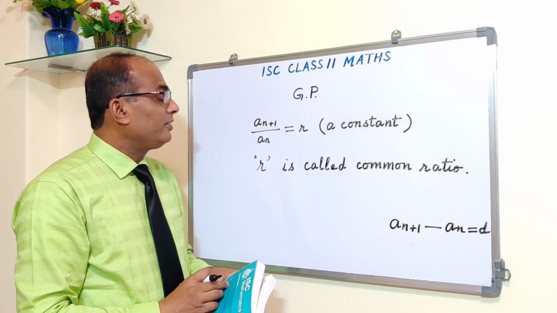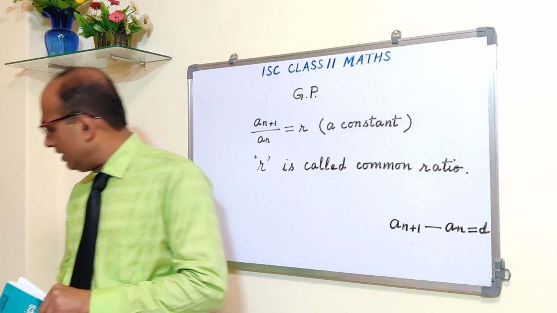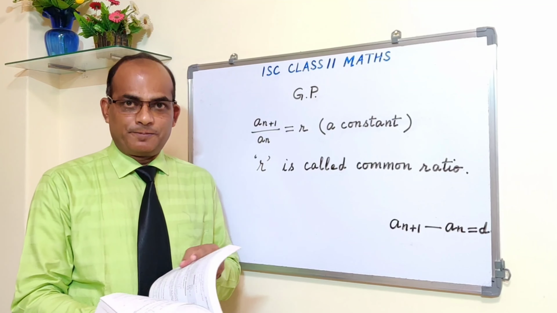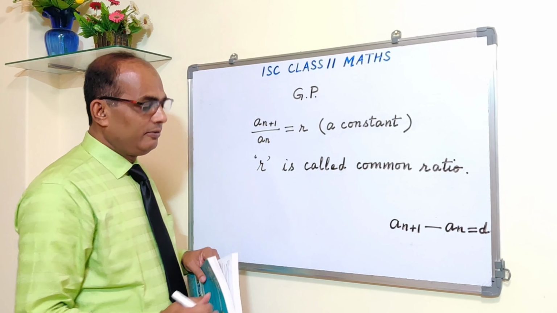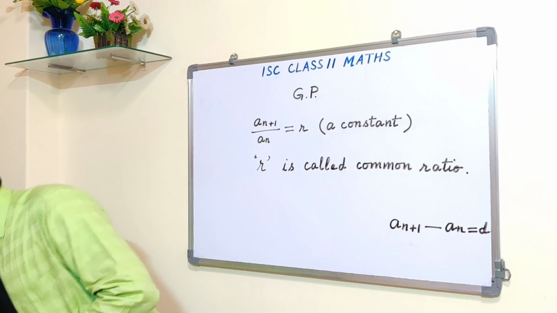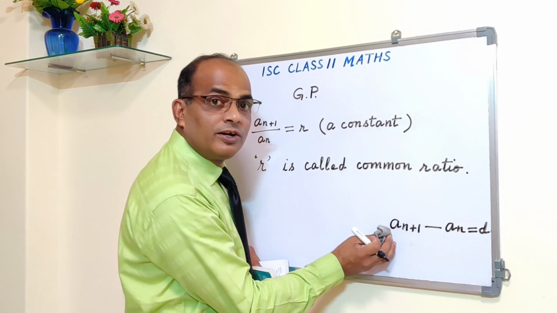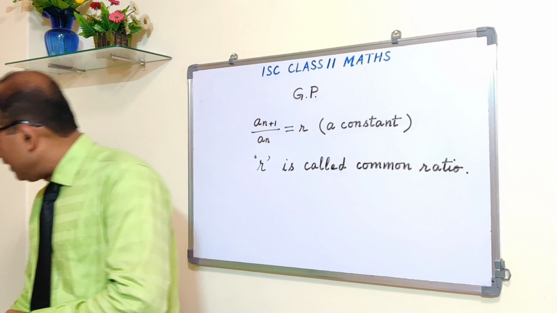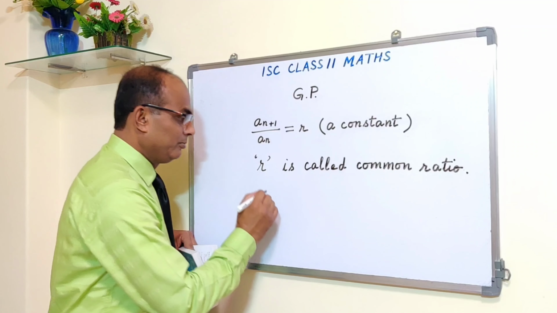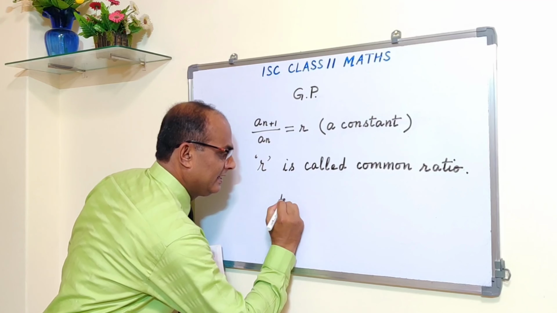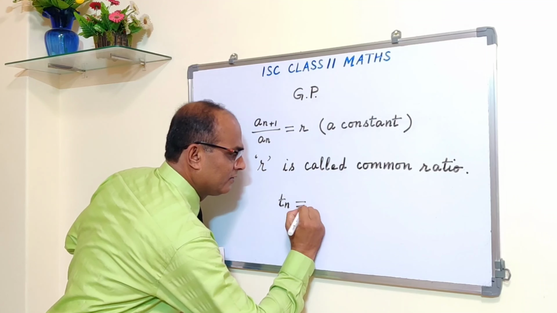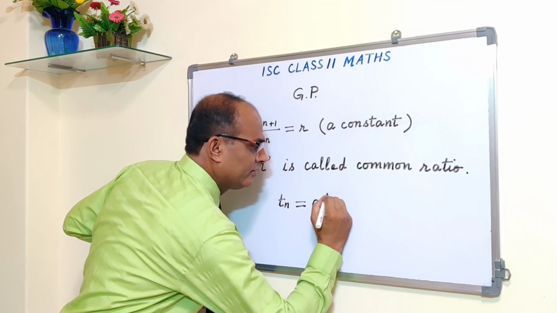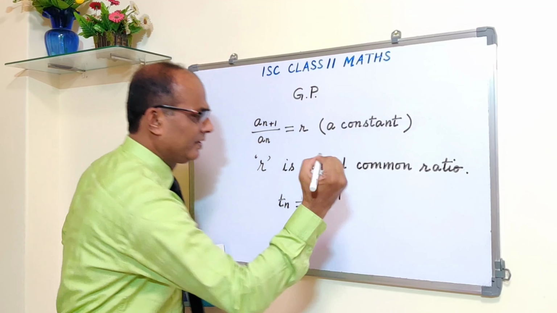Now I'll give you the formula to write down the nth term of a GP. I'm deleting this because it is for arithmetic progression. For GP, the nth term formula is Tn is equal to A R raised to the power n minus 1.